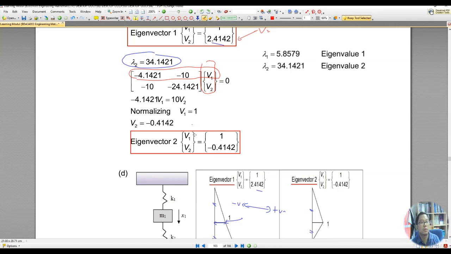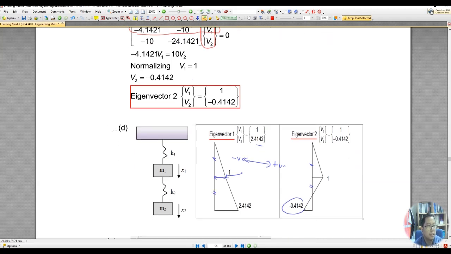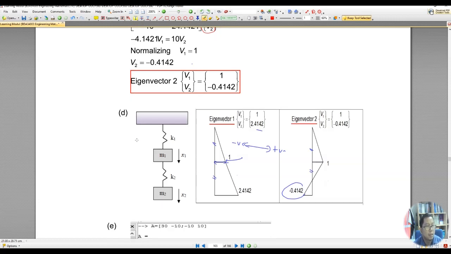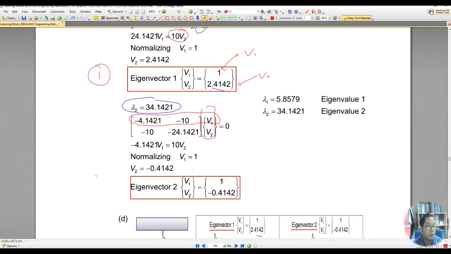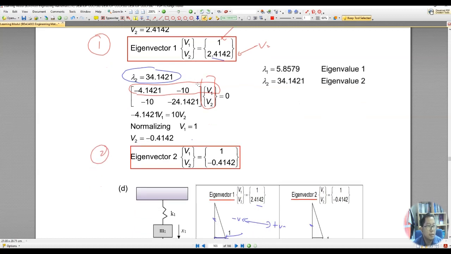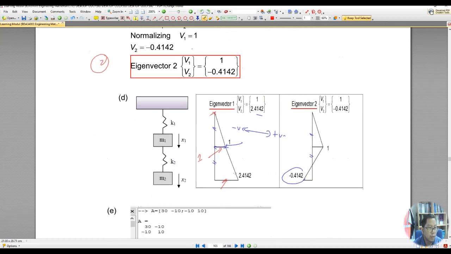So eigenvector 2 is v1 equal to 1 and v2 equal to minus 0.4142. And the fourth, at part D, the question is asking you about the mode shape. So this is the vibrating system asked in this question, where we have a two-mass, two-spring system. From eigenvector 1, we start from here, and this is the normalized value 1, and this is 2.4142.